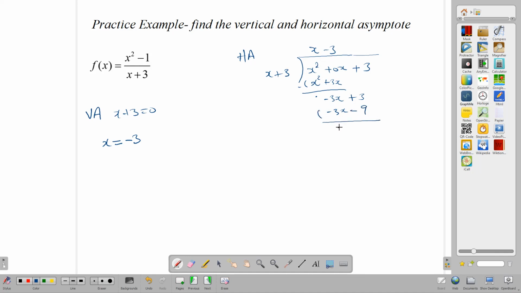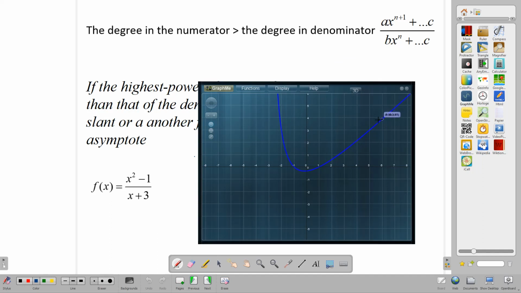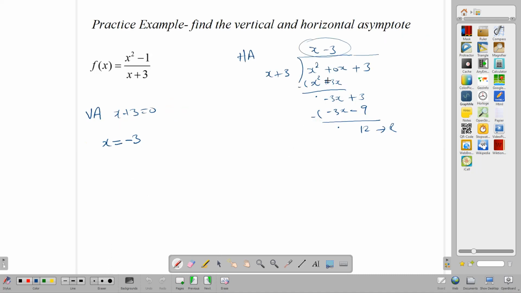And subtracting this, we get 3 minus negative 9, which is 3 plus 9, which is 12. This is our remainder. And so the equation of the asymptote here, which is a slant asymptote, is actually x minus 3.